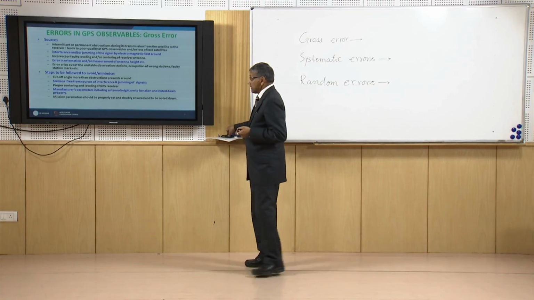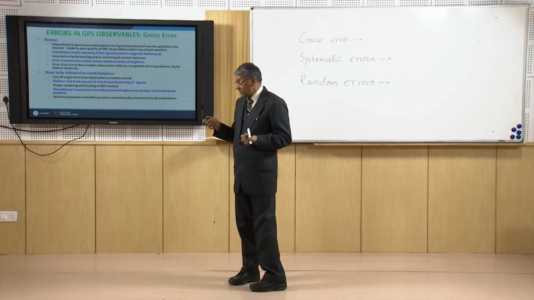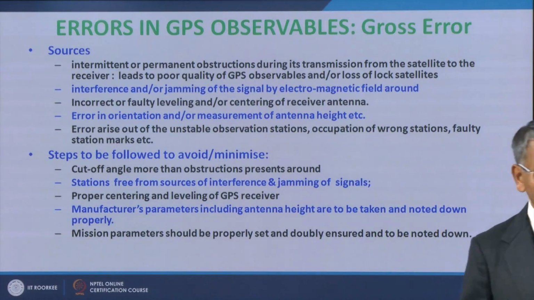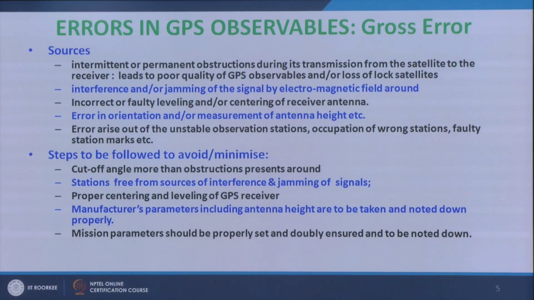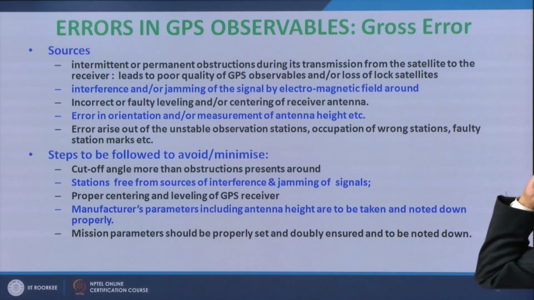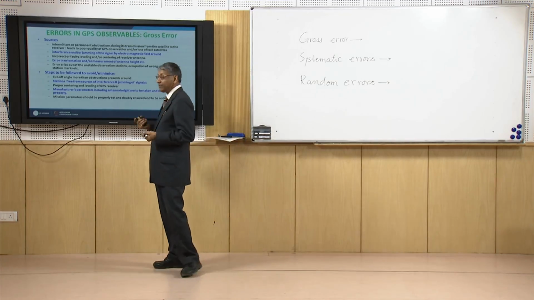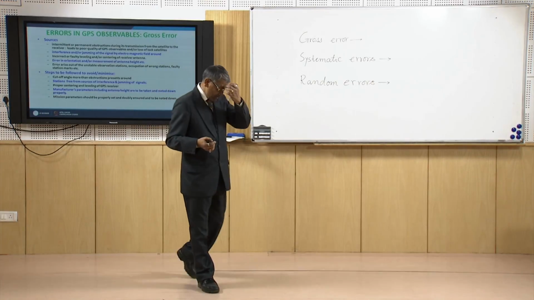So there are those errors due to negligence or incompetence of the observers, or due to unforeseen reasons that may occur in the field. This gross error may arise in the GPS observables.